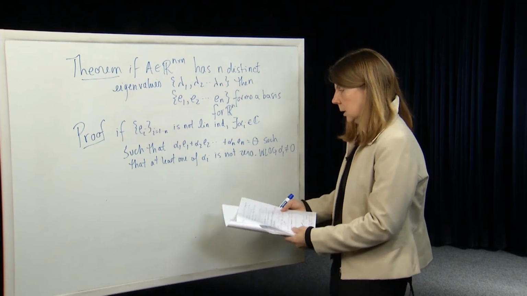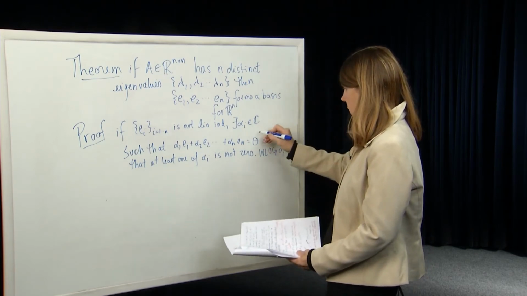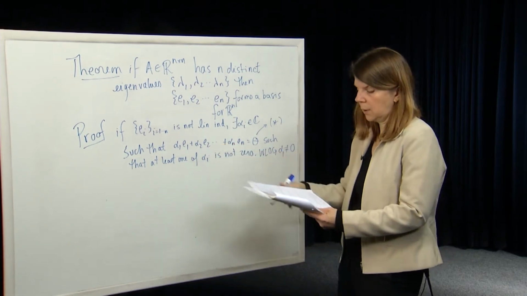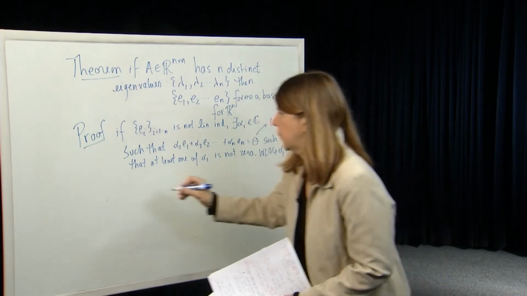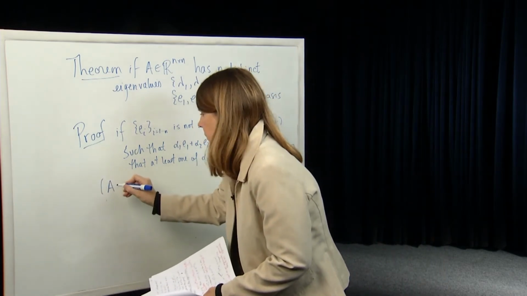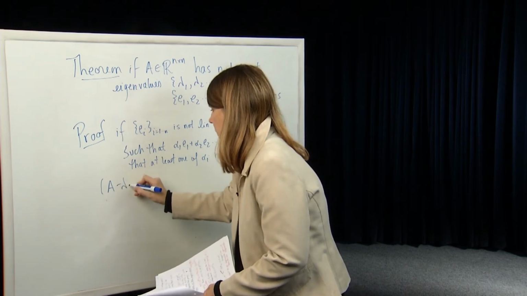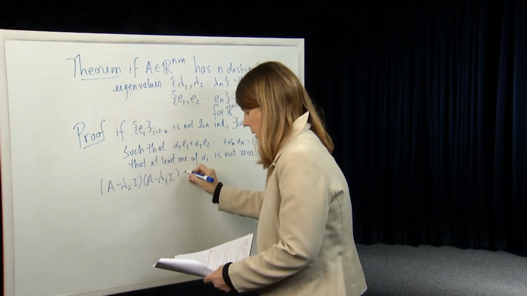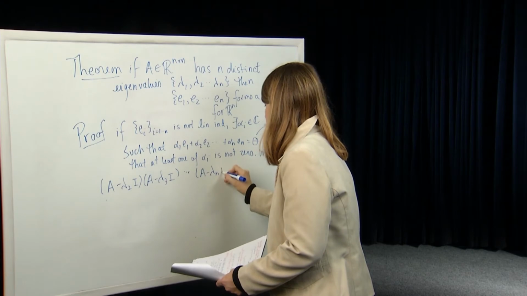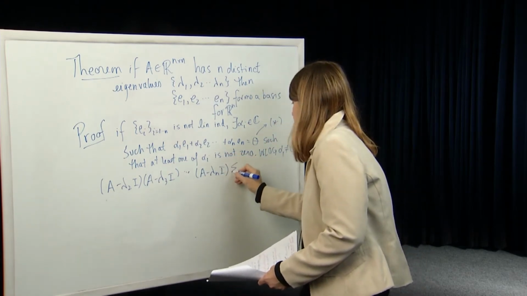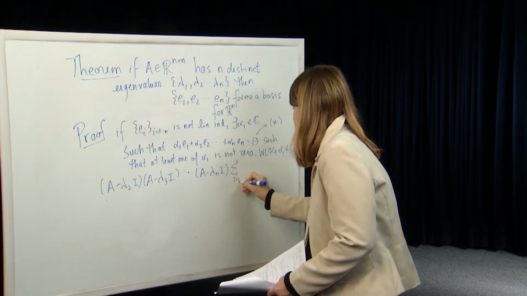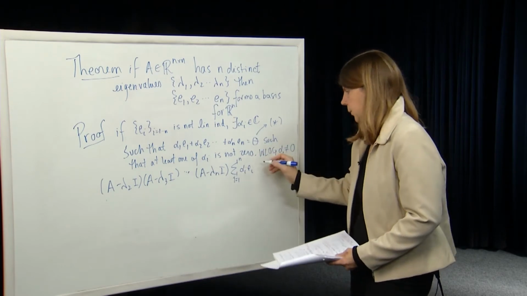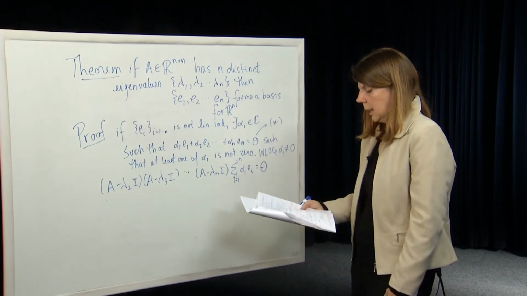So what does that mean? If we take this equation, let's call it equation star, and pre-multiply it by the following matrices: A minus lambda 2 I, A minus lambda 3 I, all the way up to A minus lambda n I. So we pre-multiply the summation from i equals 1 to n of alpha i Ei, which equals 0.